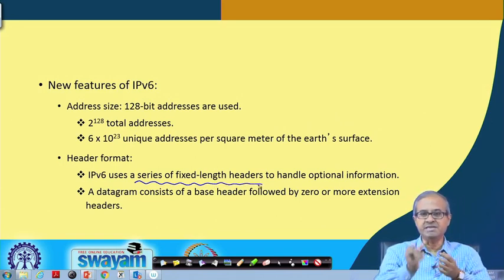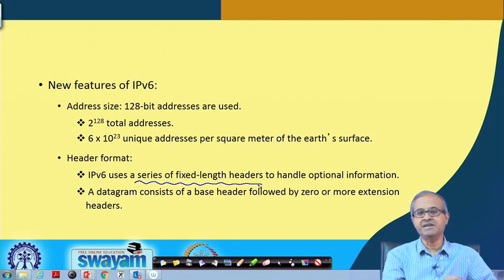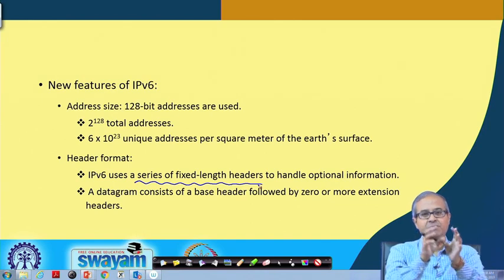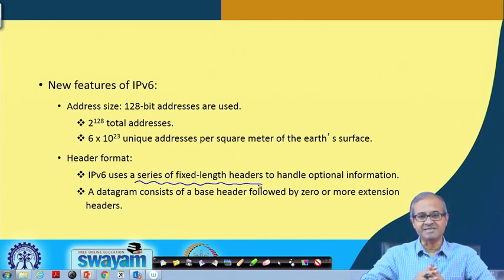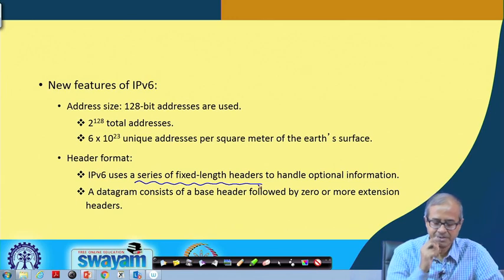Depending on what you need, you add optional headers. Like if you do not need fragmentation, you do not use the fragment header. If you need it, then you add a fragment header. So, there will be multiple headers which will be connected in a linked list as part of the IP version 6 header. This is the basic concept.